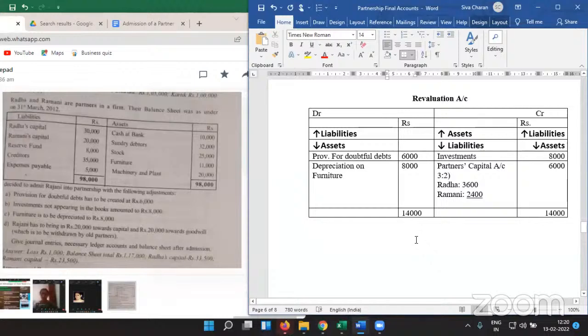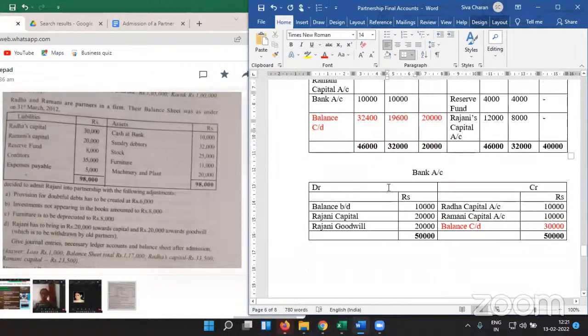So the debit side total is 14,000 and the credit side total is 8,000, so it should be 6,000. Forget about this. First understand the concept, children. In the textbook, the loss is wrong, whatever they give is wrong. That's the reason: don't look at the answers.